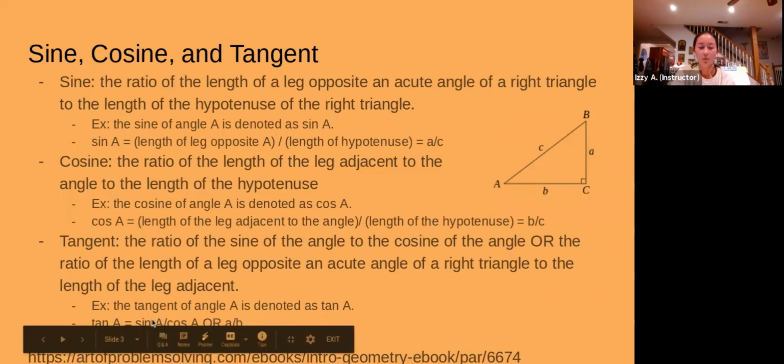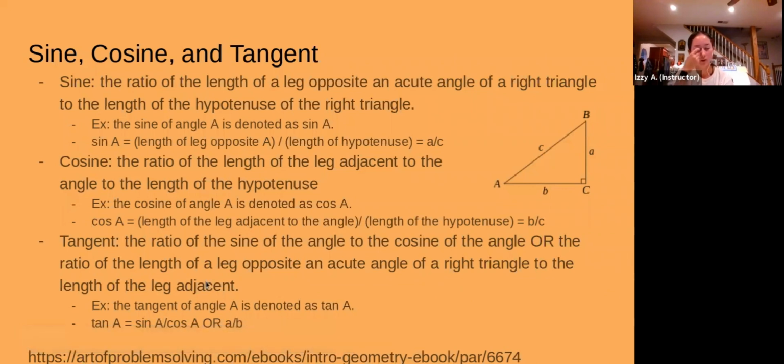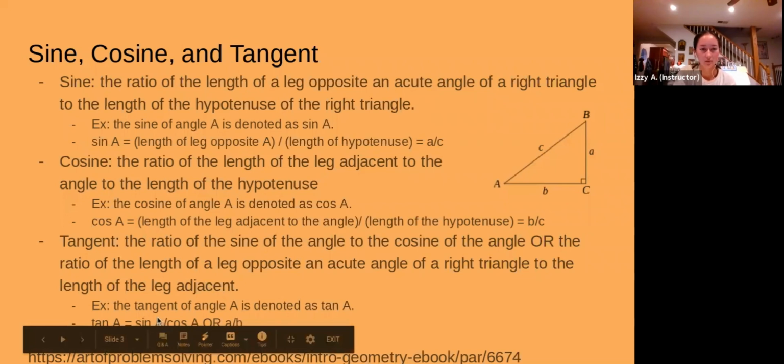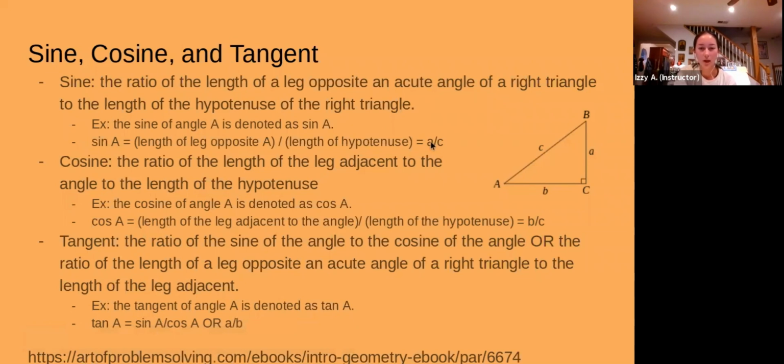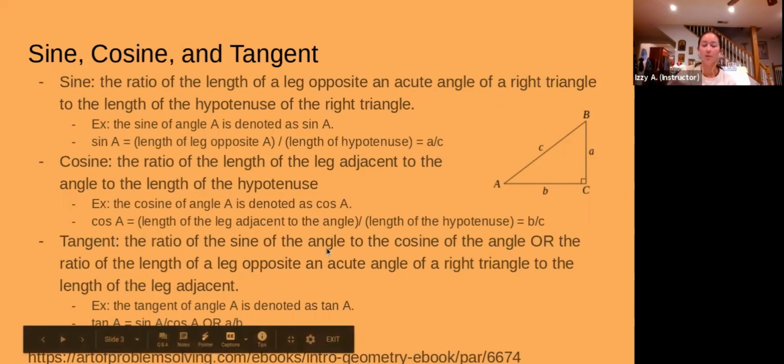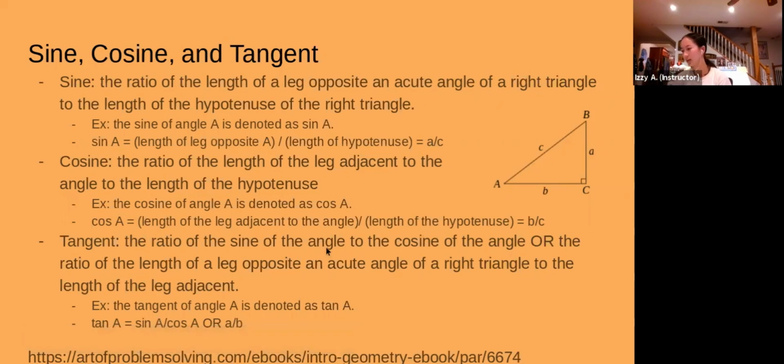And if you were to simplify sine of A over cosine of A by plugging in the values that you got for sine of A and for cosine of A, that would be a over c and b over c, that would simplify and you would eventually get a over b. So either way works. But yeah, so that's sine, cosine, and tangent.